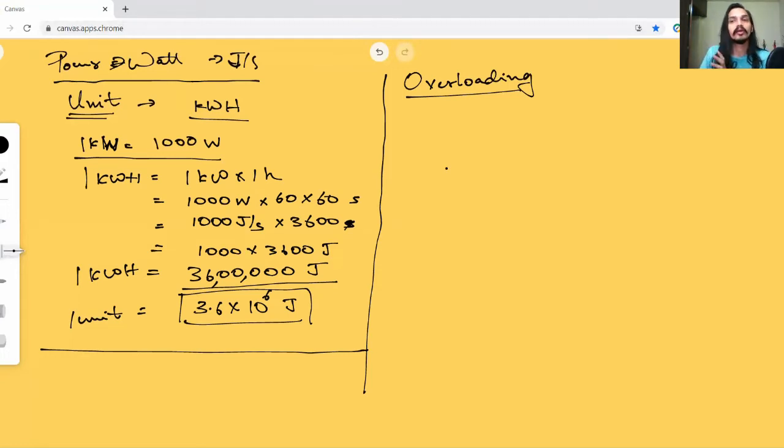We know the word load. Load is basically anything on the circuit that uses electricity. In our circuit diagrams, we put a symbol for load. It could be a bulb, a fan, anything. The electricity that you get in your house is generated in an electricity generation plant, and from that plant it comes all the way to your house through electric wires.